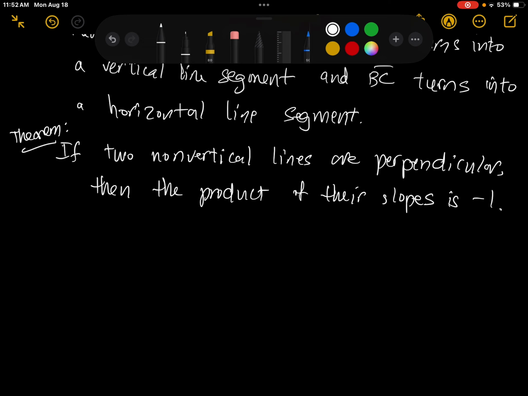Notice in the example, 1/3 times negative 3 is negative 1. Okay. And the converse statement is also true.